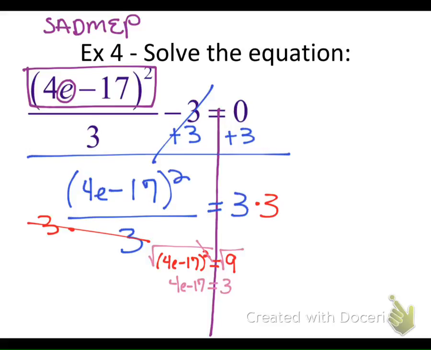We have a two-step equation. Jemiah's got it. Right side, 3 plus 17. That gives you 20. And then you divide by 4. So then what's 20 divided by 4? You get 5. Box it.